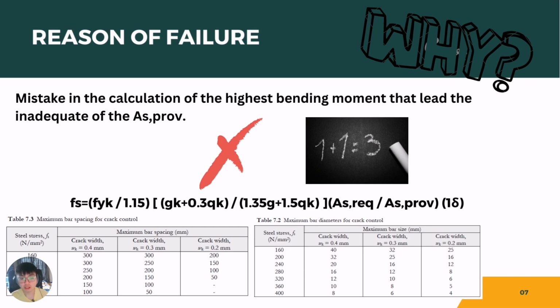So if we put the As provided 50 millimeters square higher than the As required, in this case we can avoid the cracking of the beam.